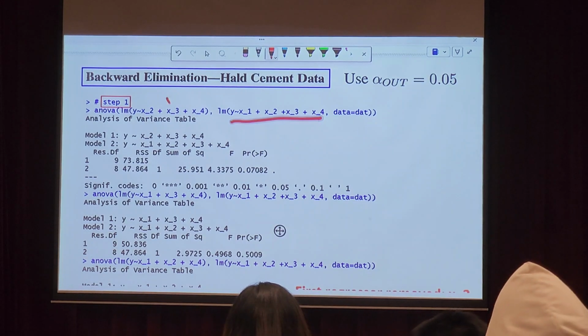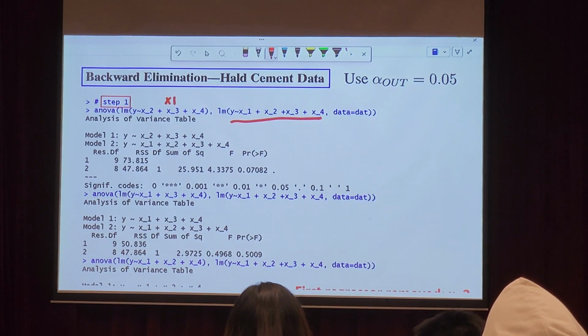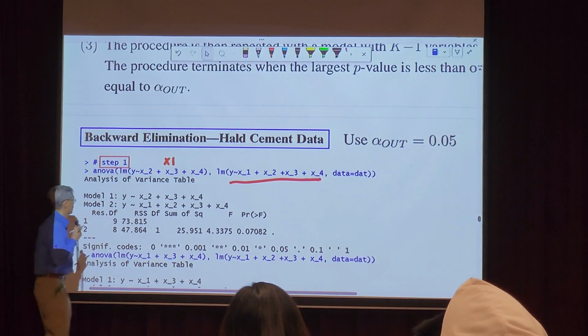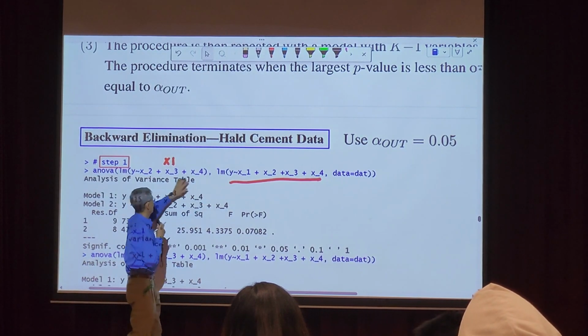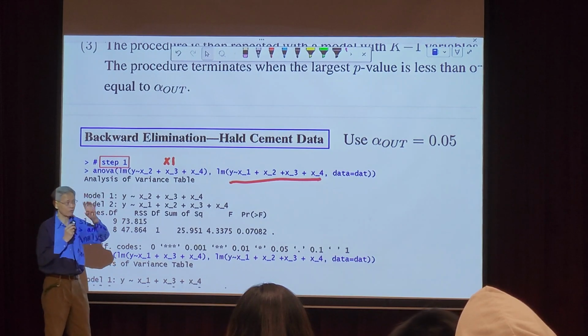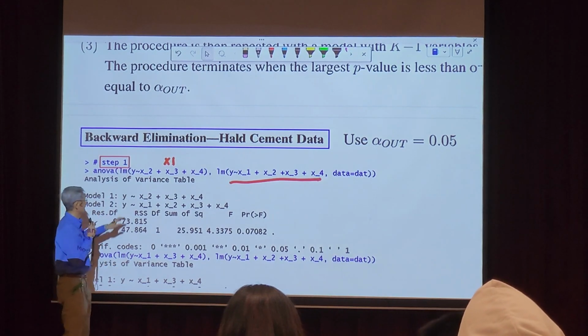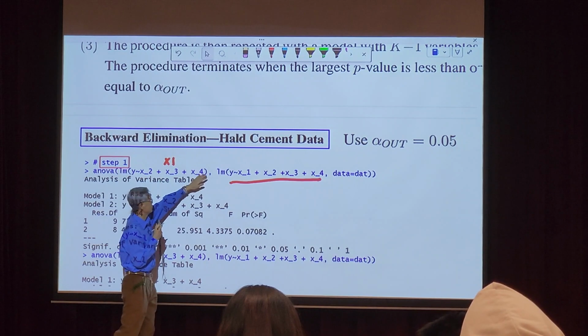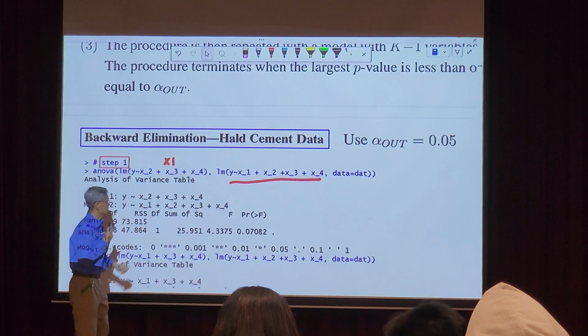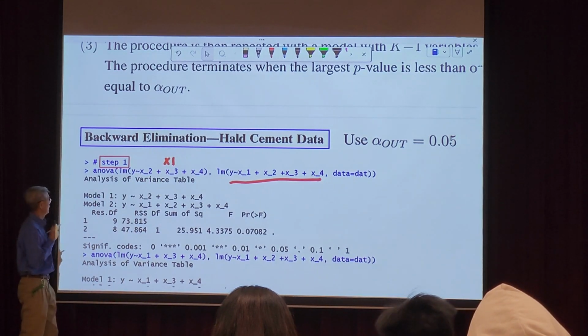So here I don't have x1, so I'm comparing this model with this model. So I'm trying to find out the contribution of x1 after I fitted this. By comparing these two, I'm looking at the contribution of x1.